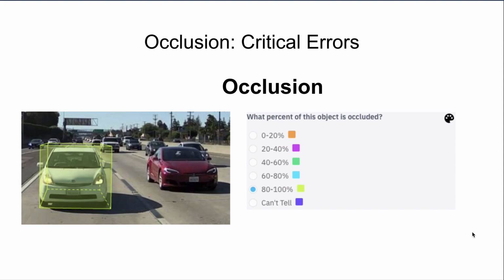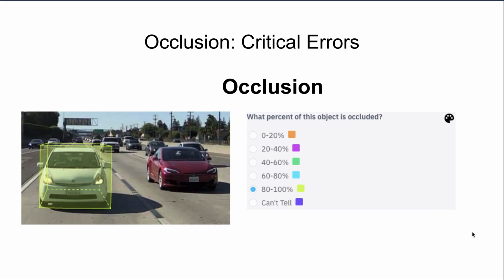Another critical mistake would be using the max occlusion in a situation that deserves the min occlusion. So in this case, we're looking at the white car over here with the lights on, and its occlusion level is set to 80 to 100% on this frame.